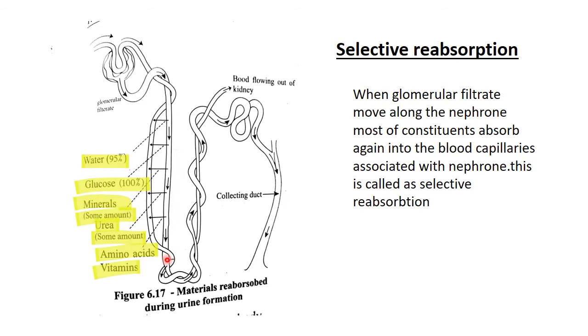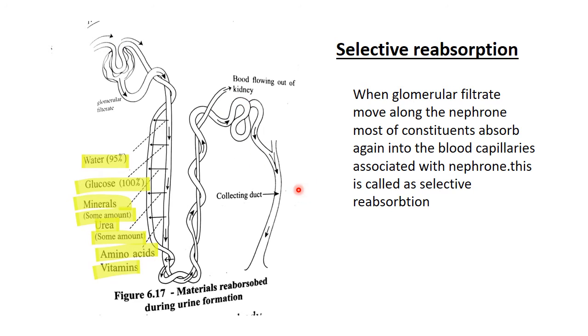After the reabsorption that happens in the nephron, the constituents of the filtrate change, and that glomerular filtrate is called urine. Only at that time do we call the filtrate urine.